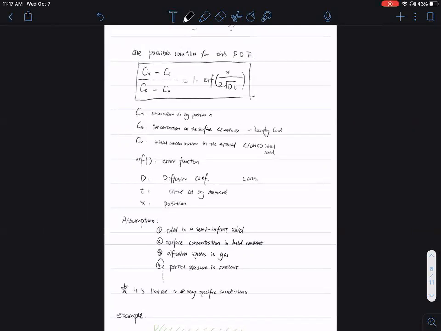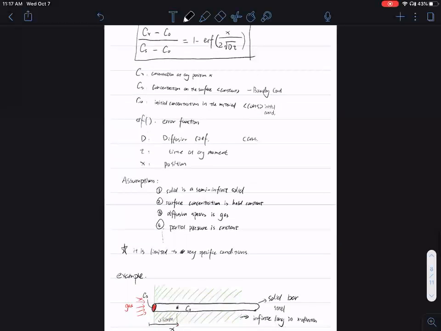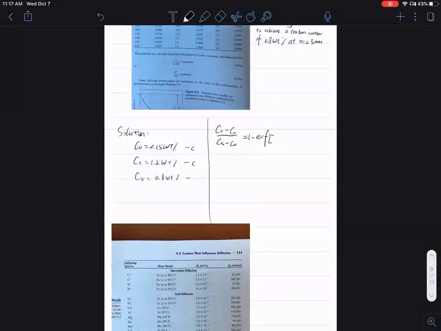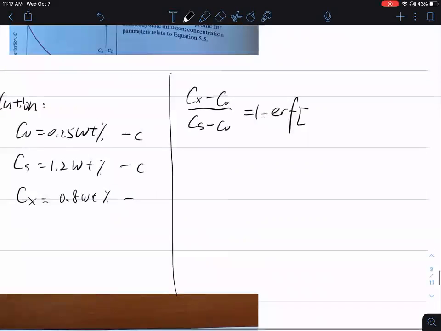Here x is 0.5 millimeters. We want to make sure we use standard units, so we want to convert that unit to meters. What is 0.5 millimeters in meters?